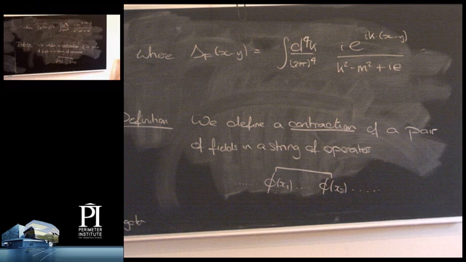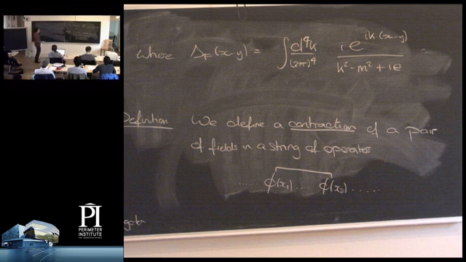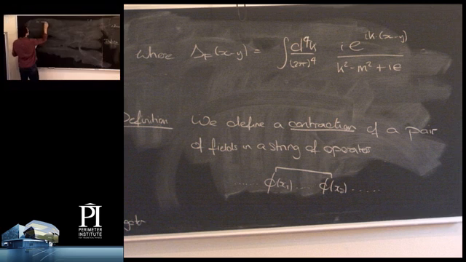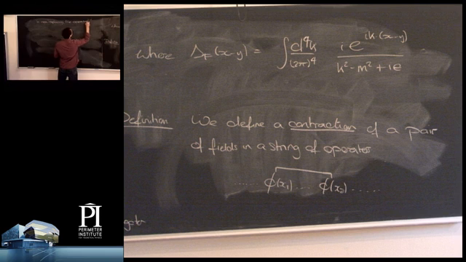So if you ever see this, I'll try and get my grammar right, we define a contraction of a pair of fields in a string of operators to mean replacing the operators with the Feynman propagator.